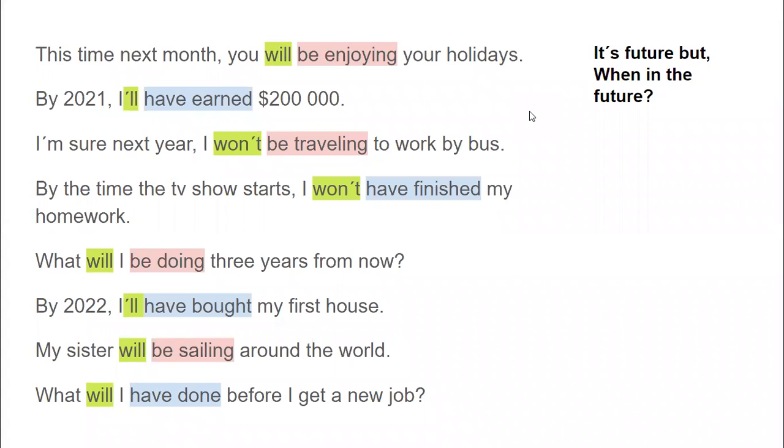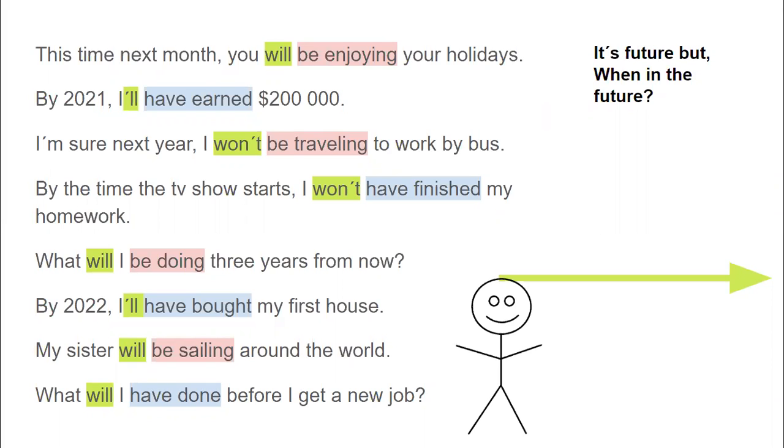So, imagine a timeline, and imagine a person or yourself. All these sentences are talking about you or the person you imagine.